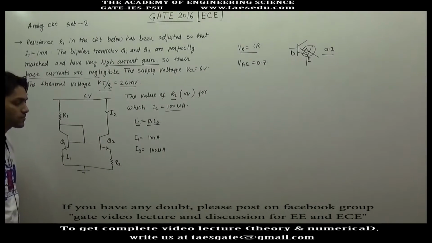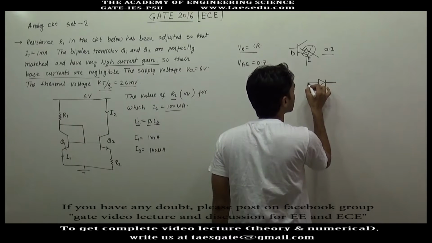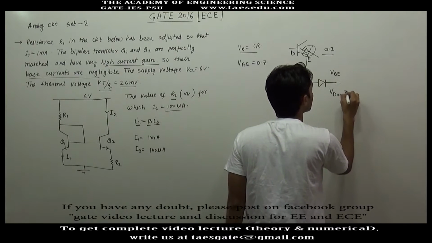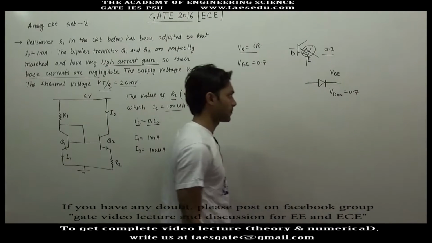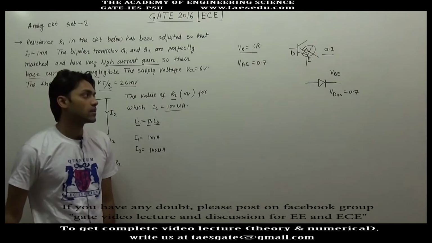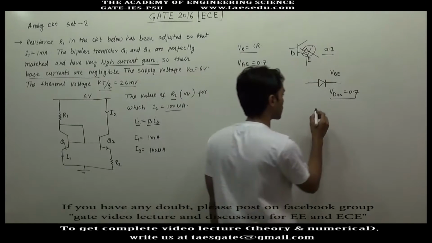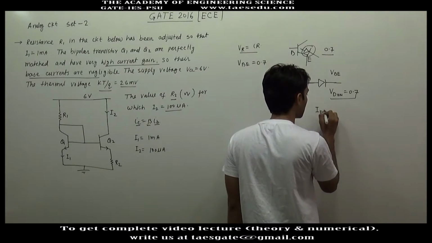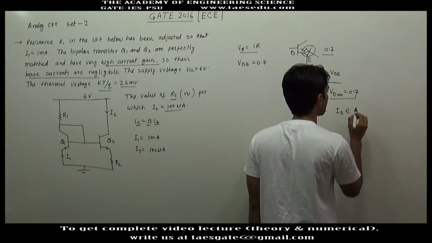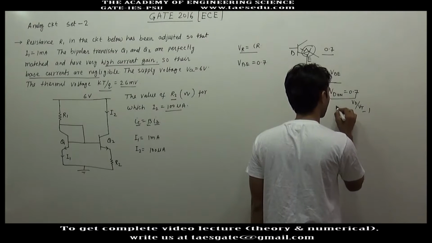But when the current through the diode is sufficiently small, we cannot take VBE or VD on equal to 0.7 volt. Instead, we will apply this formula: the current through the diode is equal to reverse saturation current into e to the power VD divided by VT, minus 1.